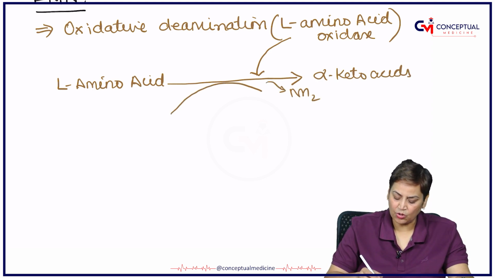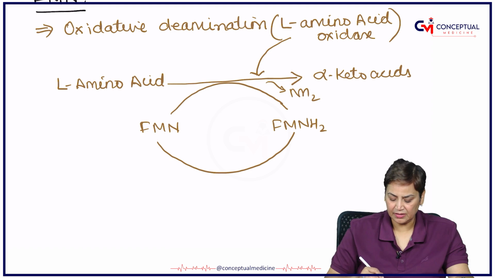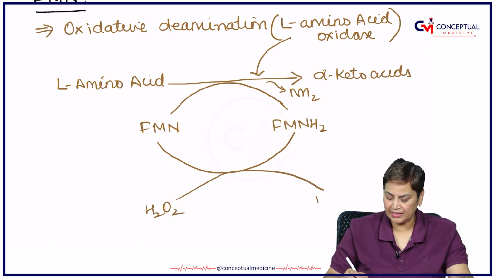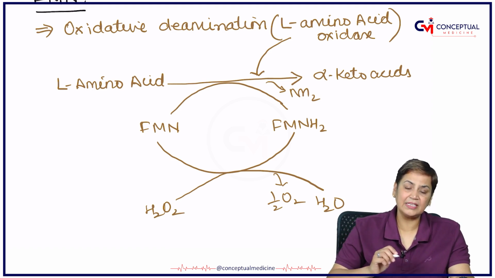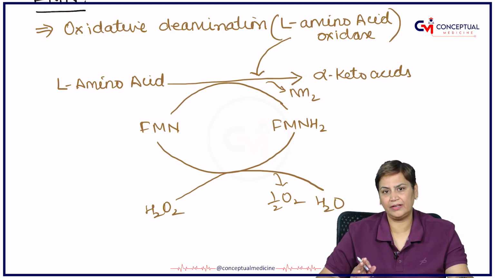And since that is auto-oxidizable, it means that FMN is converted into FMNH2, which is coupled with hydrogen peroxide. That is why this reaction is auto-oxidizable. And this is the only reaction in the body which requires FMN as a cofactor, coenzyme, right?